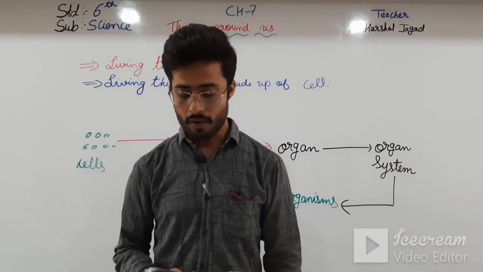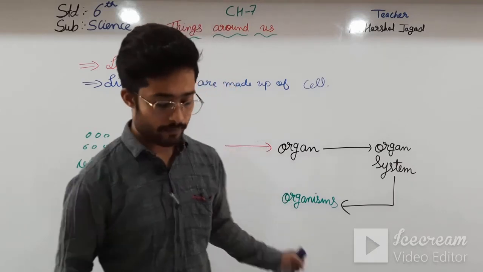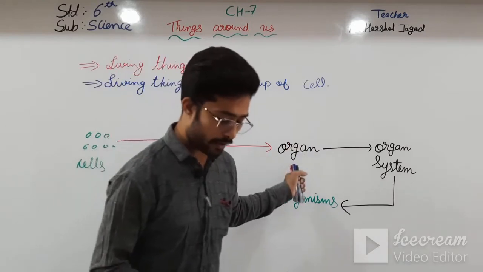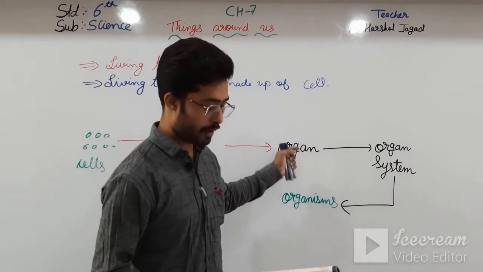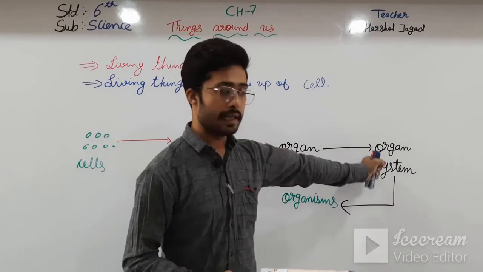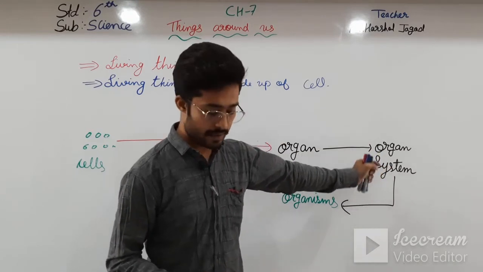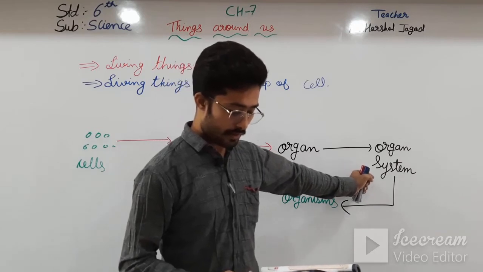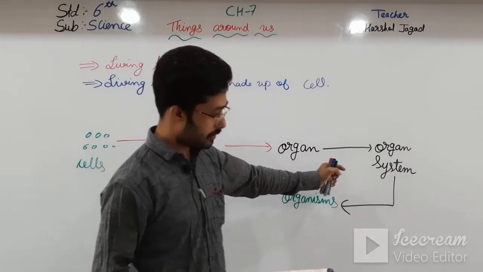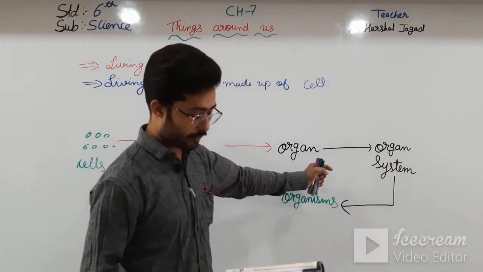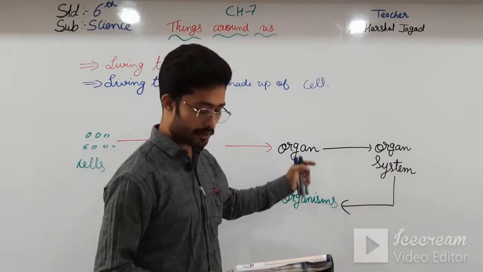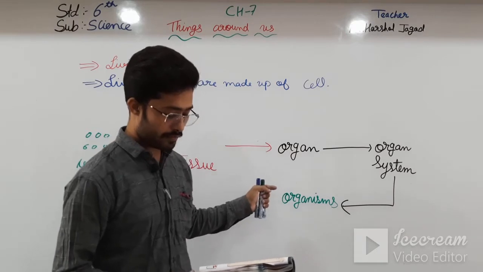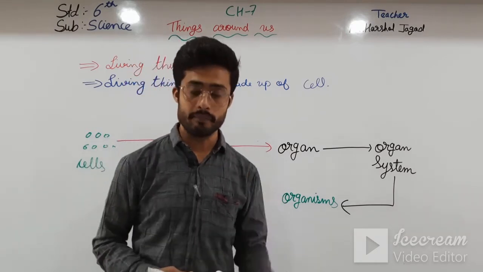A group of tissues performing a particular function forms an organ. A group of organs working together to perform a particular life process, such as digestion and respiration, forms the organ system, and the organism is a living being.